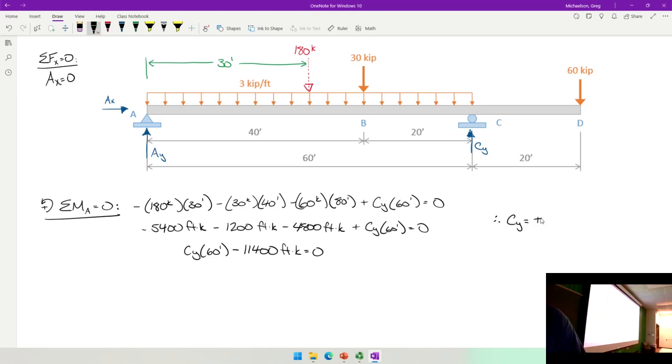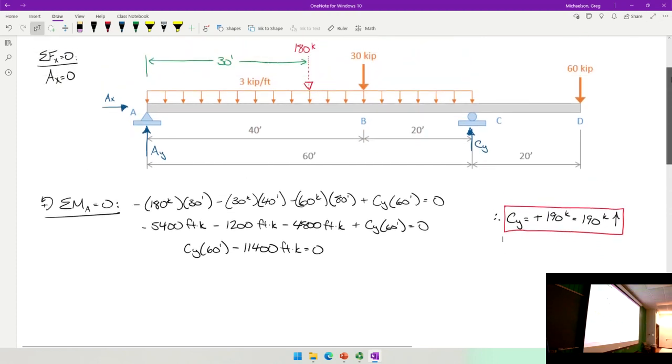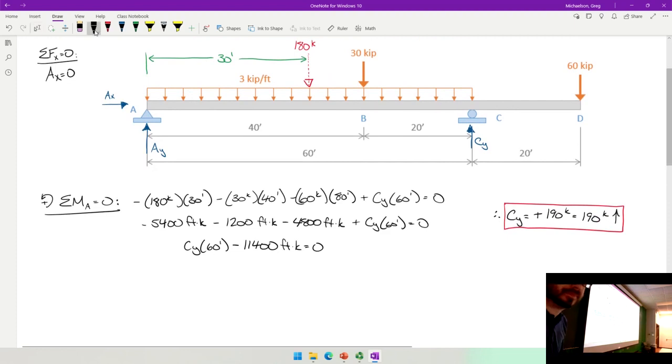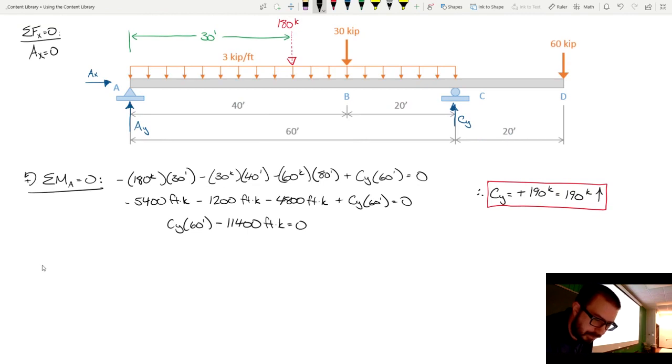I know it's going to be positive. 190. So there's that reaction.